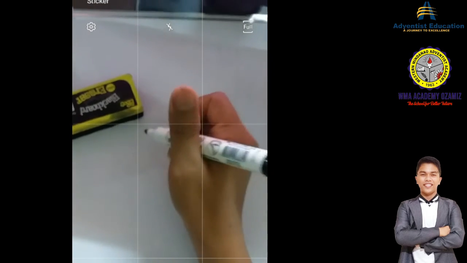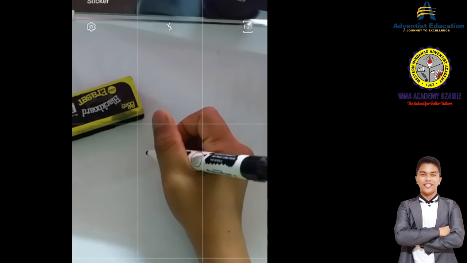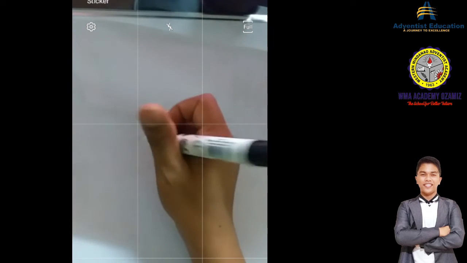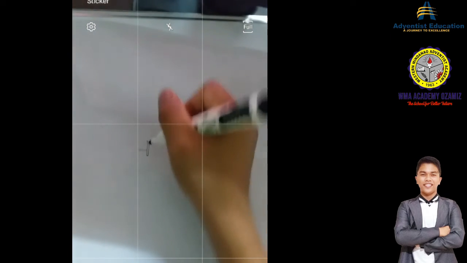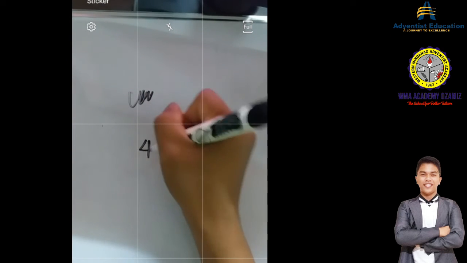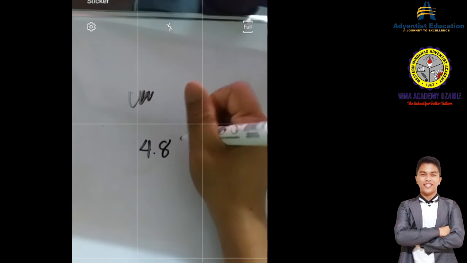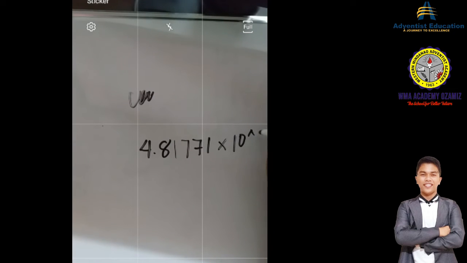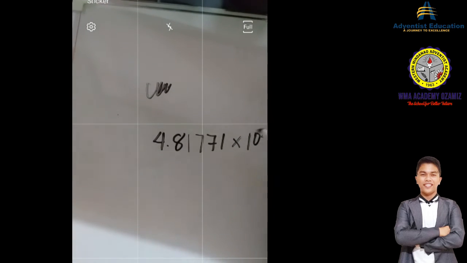Okay, in your number 3, you are going to use 4.81771 times 10 to the 24. Okay, times 10. Don't forget to write this one, that means to the power. Okay, when you use this one, that means to the power.